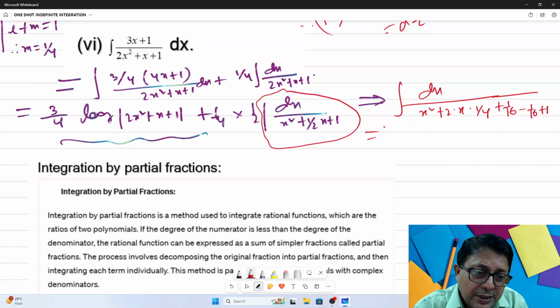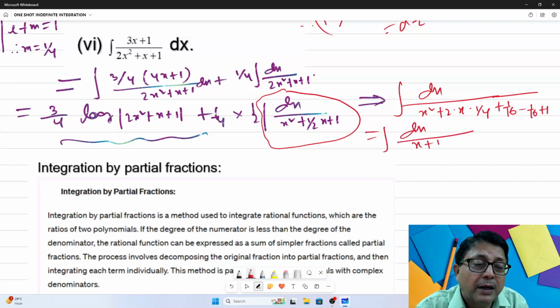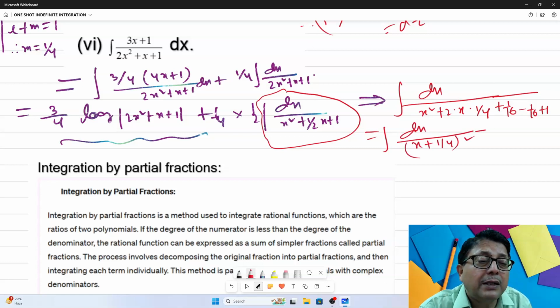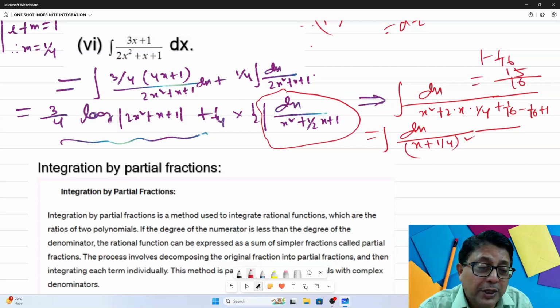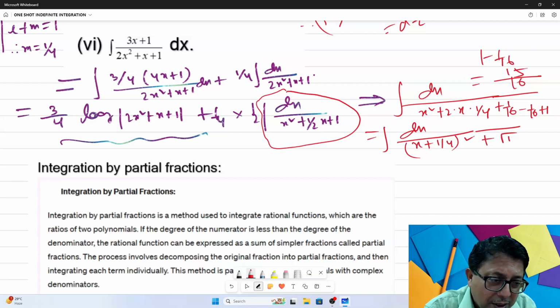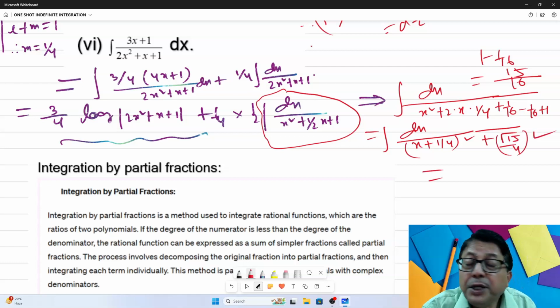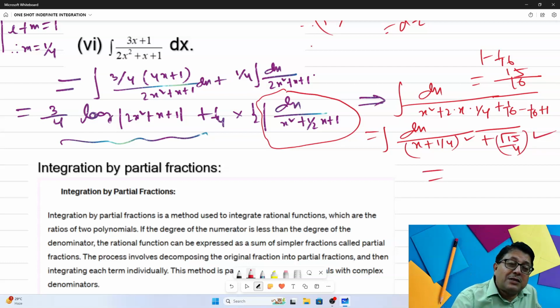So this is dx by x plus 1 by 4 whole square plus 1 minus 1 by 16. So there will be 15. Use the standard integral to write the answer.